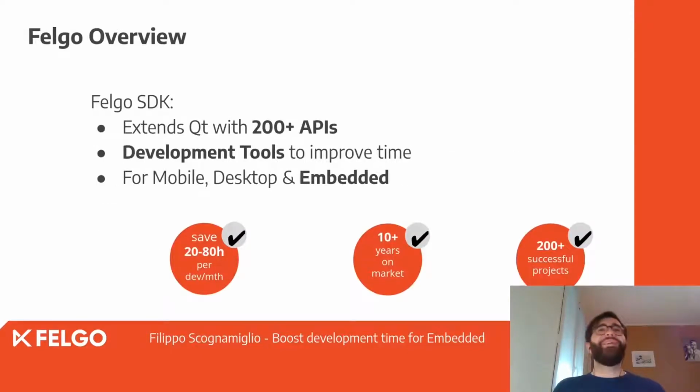So let's start by giving an overview of Felgo. Felgo is composed of two main parts. We have the Felgo SDK, which is based on Qt and extends it with more than 200 new APIs. So some controls to simplify the application structure and the application UI, and at the same time, all the native controls to gather information from native plugins or native platforms such as iOS and Android.